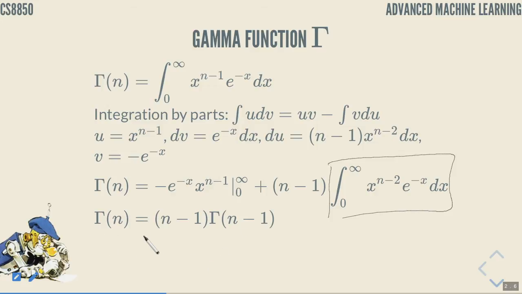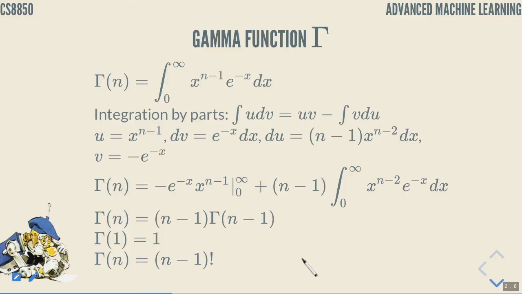Gamma of n is nothing but gamma of n minus 1 times n minus 1, with a base case of gamma of 1 equals 1. That gives us the correspondence that gamma of n is the factorial of n minus 1. Okay, we derived a gamma function, a useful one.